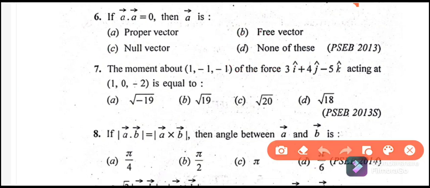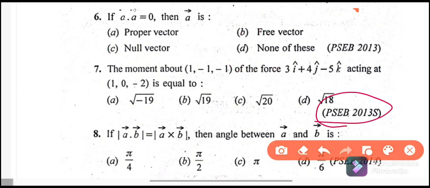Next question, the moment about 1, 0, minus 1 of the force 3 i cap plus 4 j cap minus 5 k cap acting at 1, 0, minus 2 is equal to.